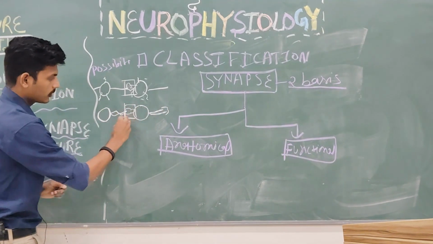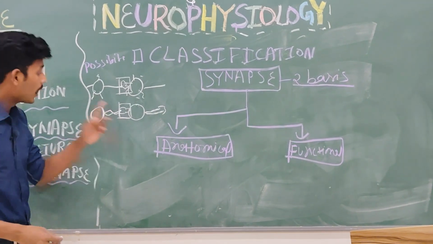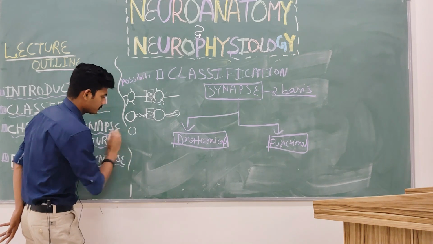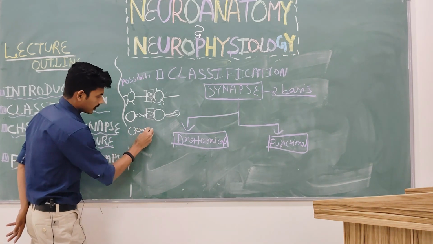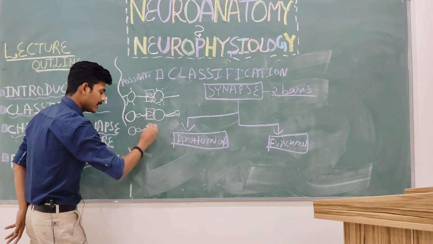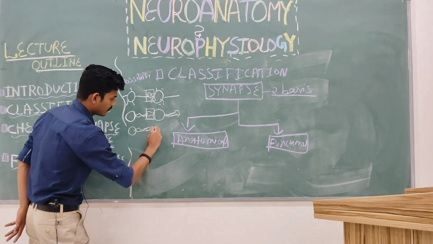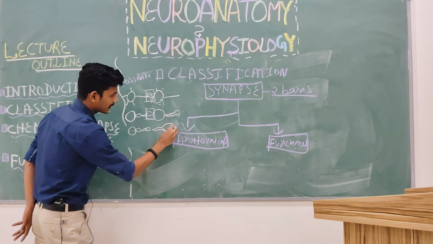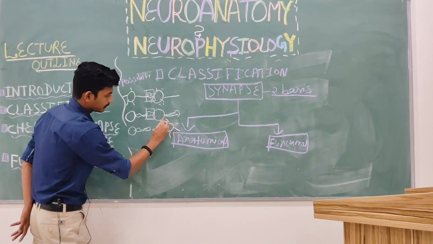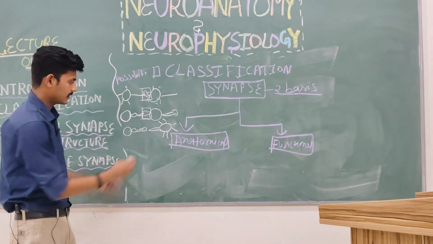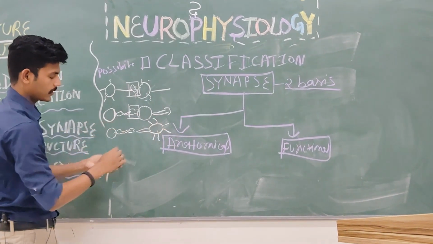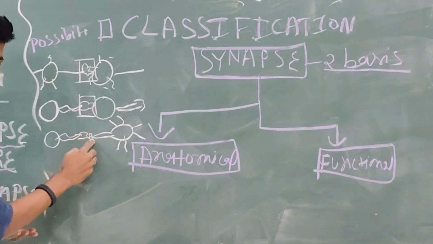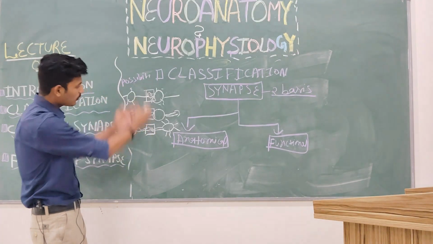Or another possibility is that one neuron's axon is present, and the other neuron's cell body is present, so there may be a connection between this axon's ending and that axon's ending. See, there are only three possibilities.